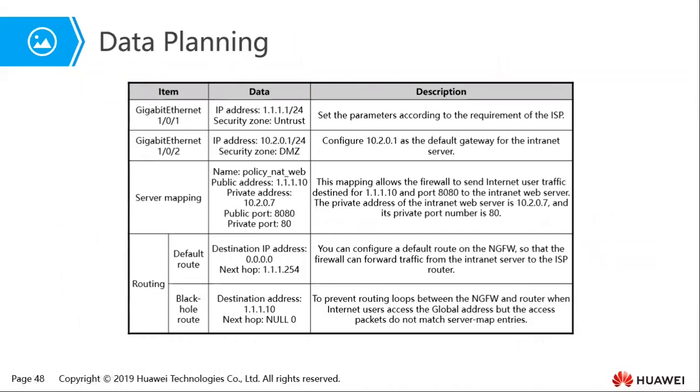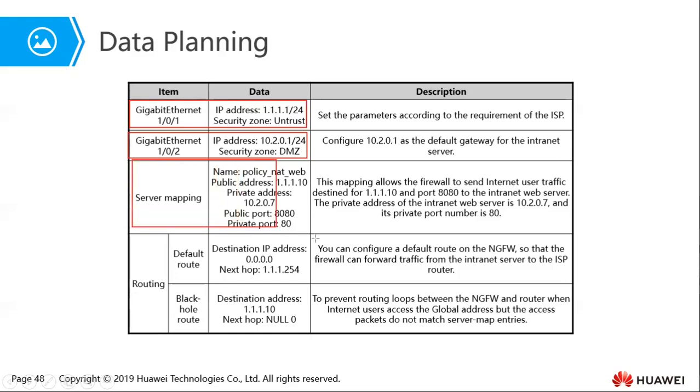So the data planning: this interface connects to the router that has been provided by the ISP, so it connects us to the internet. We are going to configure it as the Untrust zone. This one is connecting to our DMZ, so we configure it as DMZ.